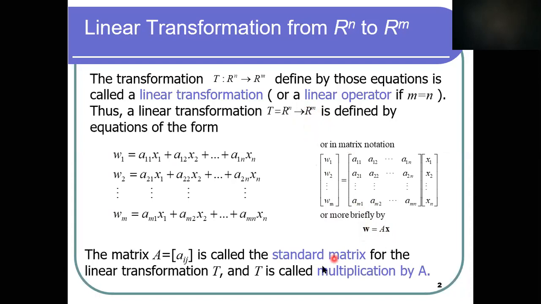So this is one of the standard notations for a linear transformation. The matrix that exists corresponding to this transformation is called the standard matrix for the linear transformation T, and T can be obtained by simply multiplying A with an element of the domain.